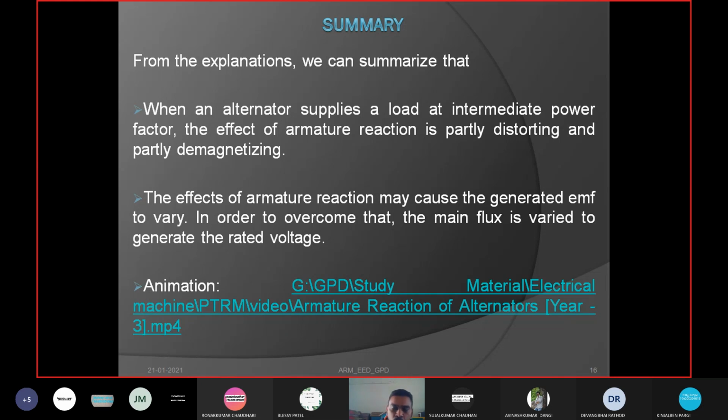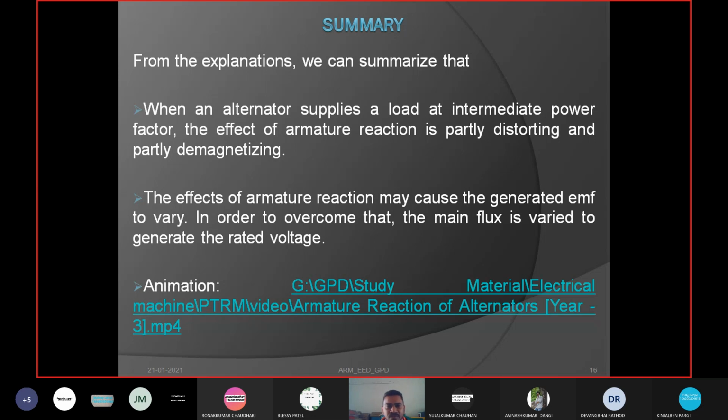So how can we overcome the effect of armature reaction? We have to adjust the field excitation of the alternator. By adjusting the field excitation, we can adjust the main field flux, and accordingly adjust the generated EMF to a constant value.